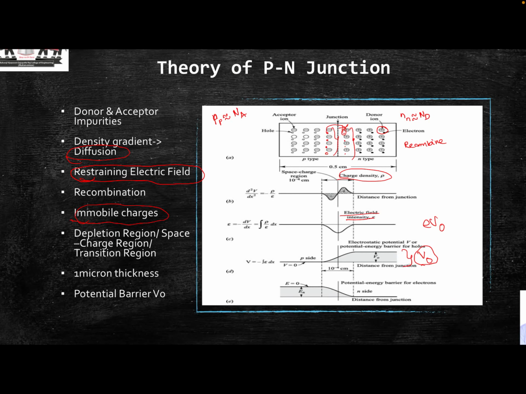Now we shall see how this area restrains the flow of holes and electrons. This region is deprived of mobile charges, hence it is known as the depletion region. This region is made up of charges, hence it is also known as the space charge region.